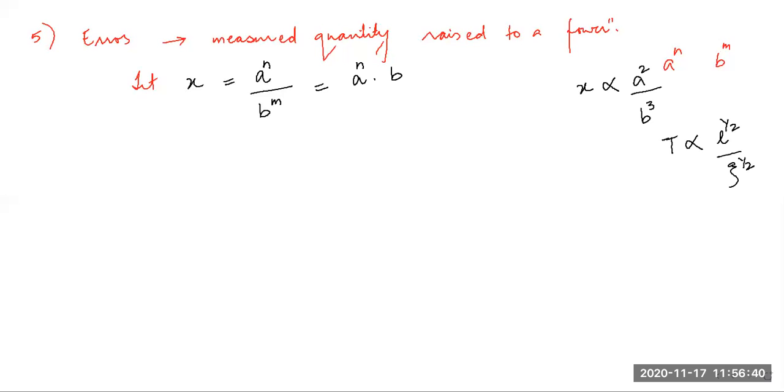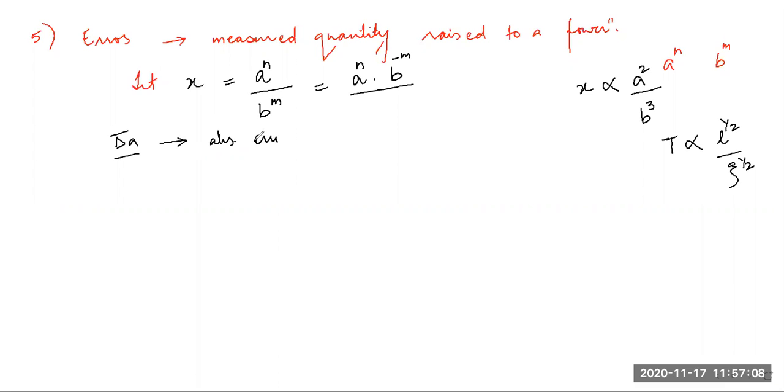M is below, so when the power goes up, what will it become? Negative. Very right, you're a good girl. A raised to power n into B raised to power minus m. Okay, so again we will define what delta A is. Who will tell? Only one student. Jasmine, can you say what is delta A?